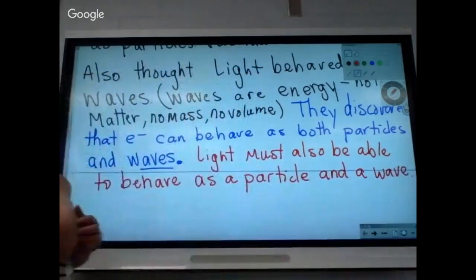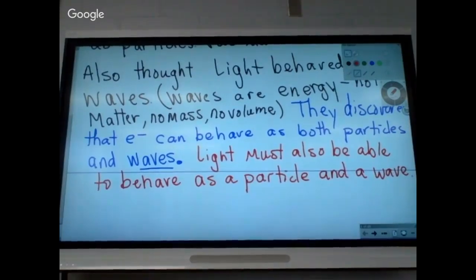Wait, what do you mean also be able? So, we just said that light can only behave as energy in the old theory. Okay. So now we're saying the light, like the light from these light bulbs, can behave as matter. It can have a mass and a volume according to new theory.